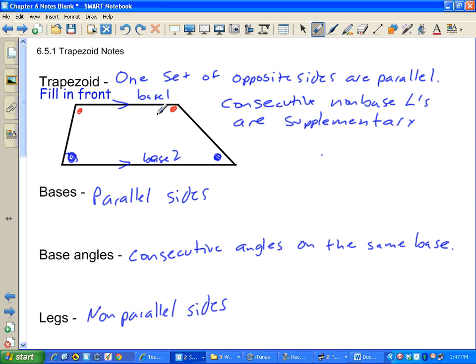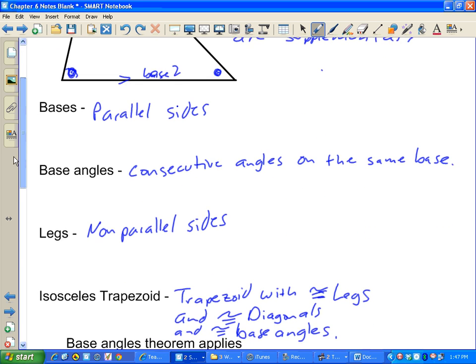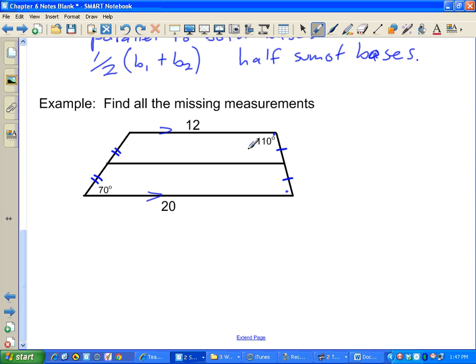So like red and blue would add up to 180 together. So if this is 110, I know this is going to be 70, because they have to make 180. Since these are parallel, this is 70, so this would also be 70.